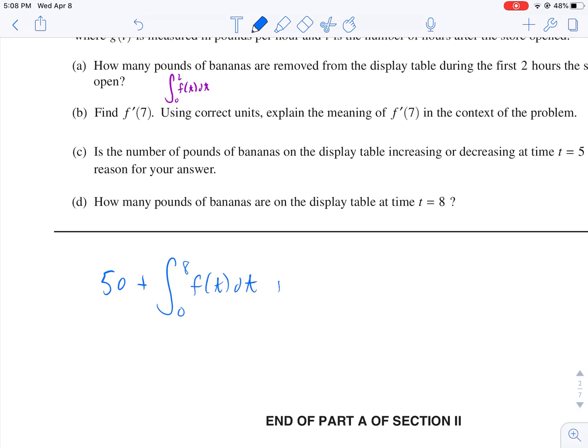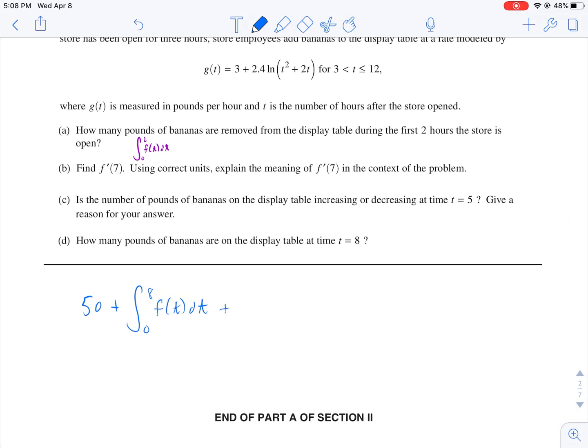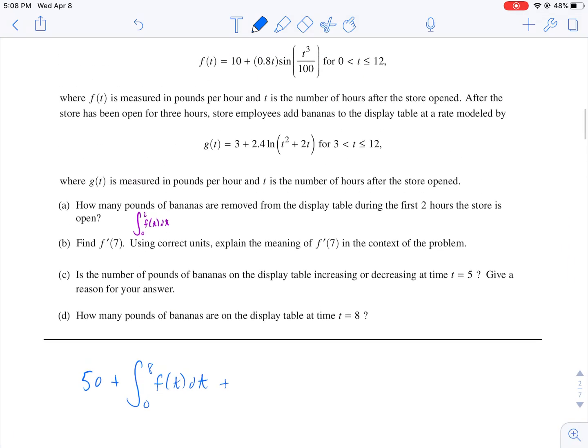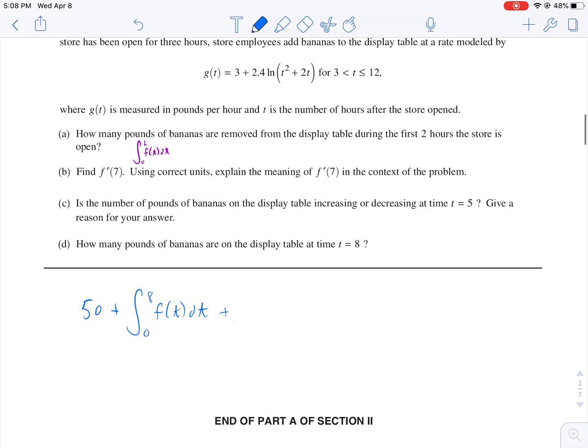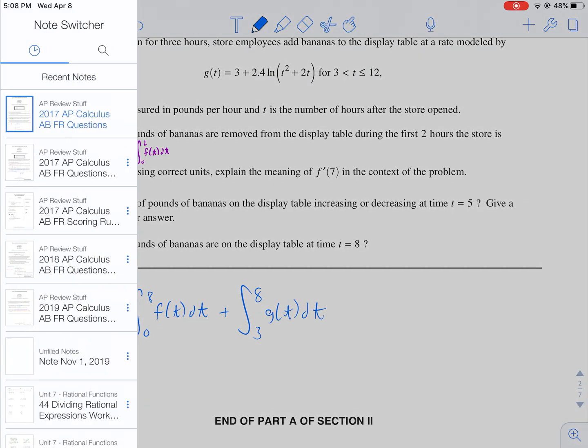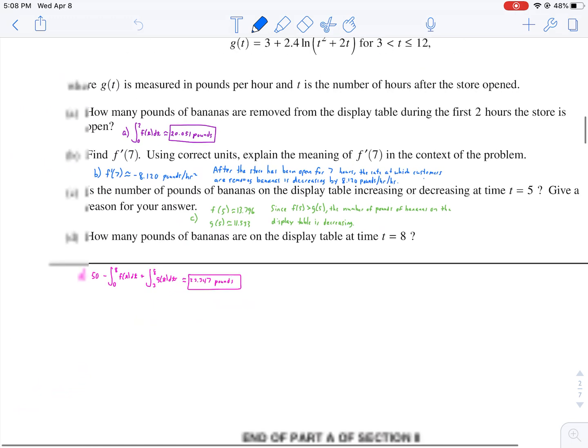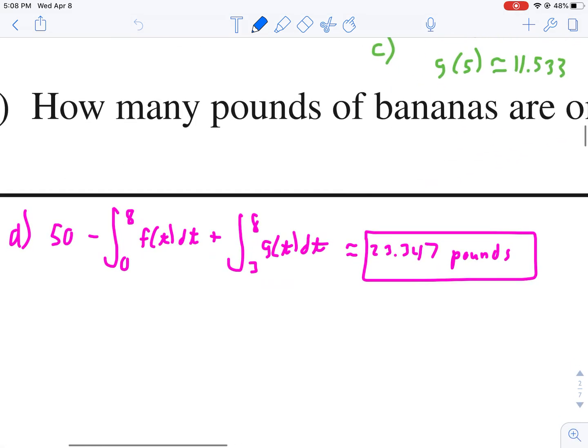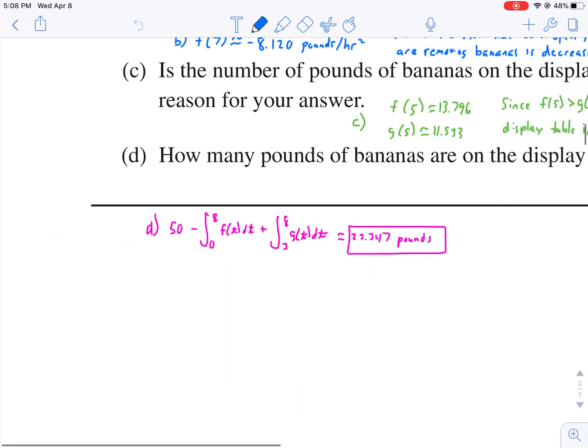And then the kind of tricky part here is the bananas aren't being added until 3 hours after the store has been open, which it says right here. So make sure you're reading the problem very carefully. So then we do plus the integral from 3 to 8 of g of t dt. And you can write it just like that and then use your calculator to actually calculate it. And so here's that work right there. And you should end up with 23.347 pounds of bananas.